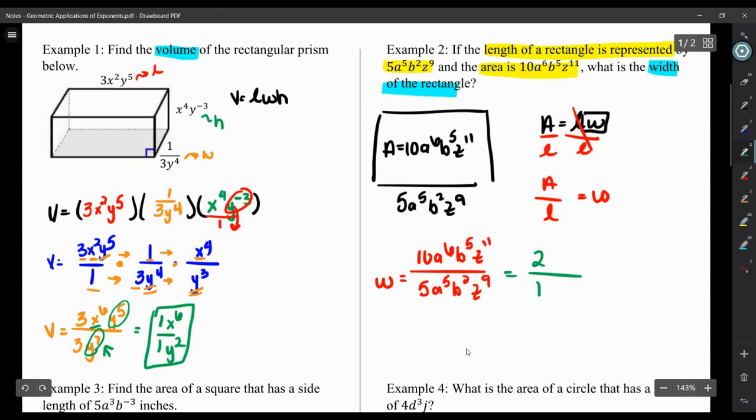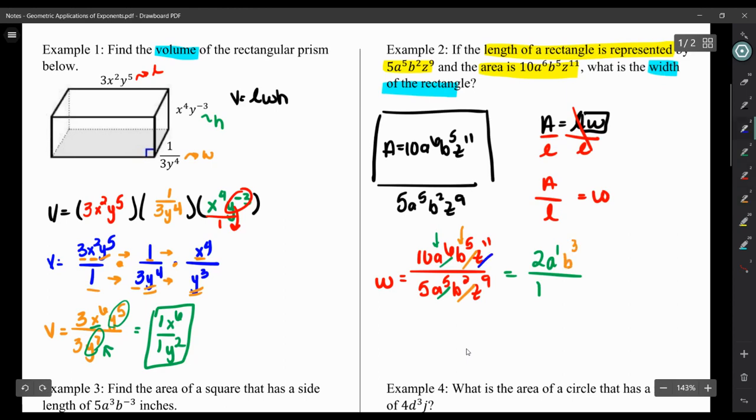Now we have a to the 6th divided by a to the 5th. So dividing bases subtracts the exponents. 6 minus 5 makes 1, and there are more a's at the top, so we're going to put a to the first at the top. Then we have b to the fifth divided by b squared. Again, dividing means subtract the exponent, so 5 minus 2 is 3, and there are more b's up top, so b to the third.